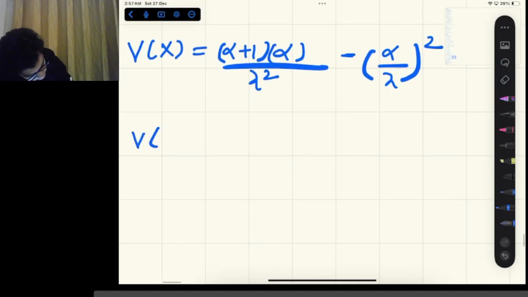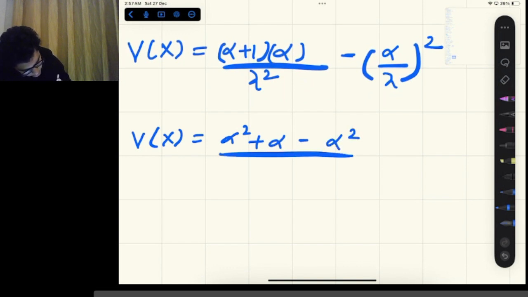So this becomes alpha square plus alpha minus alpha square, divided by lambda square. This and this get cancelled, so I am left with alpha upon lambda square.